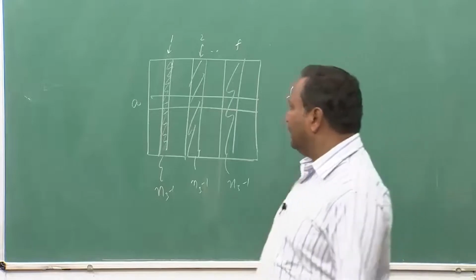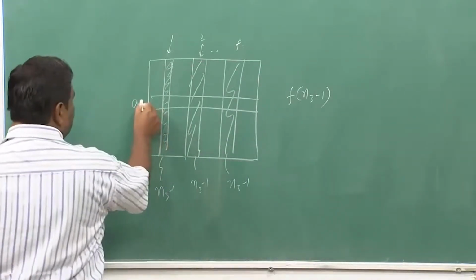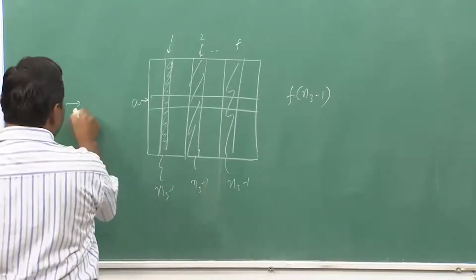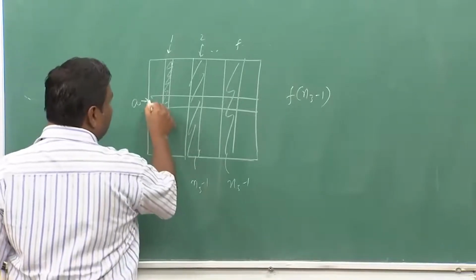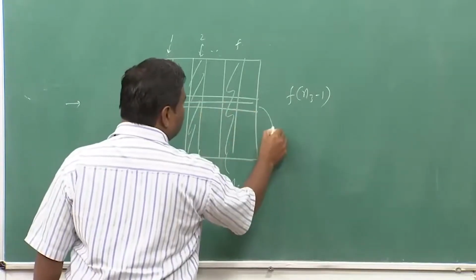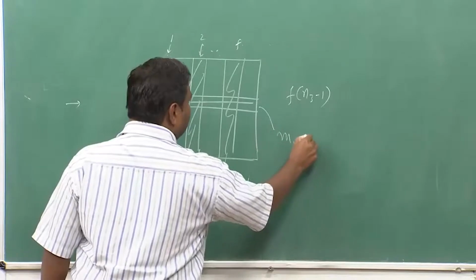Okay. And then of course, A is also communicating, so there is only one input port which is free. So, the remaining elements which can be here is m1 minus 1.